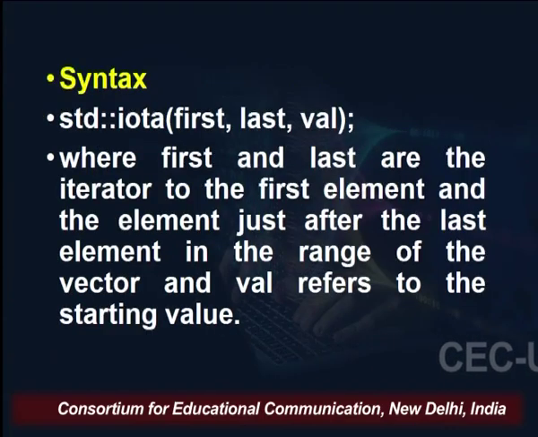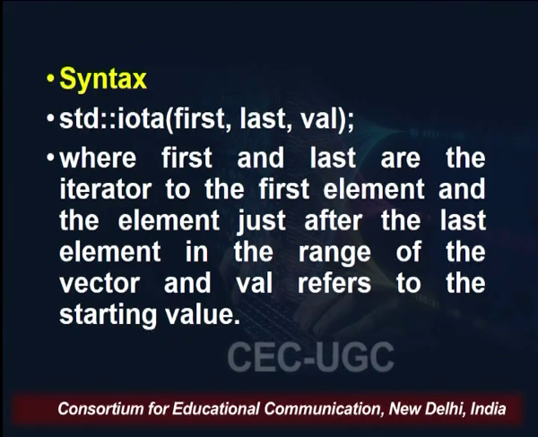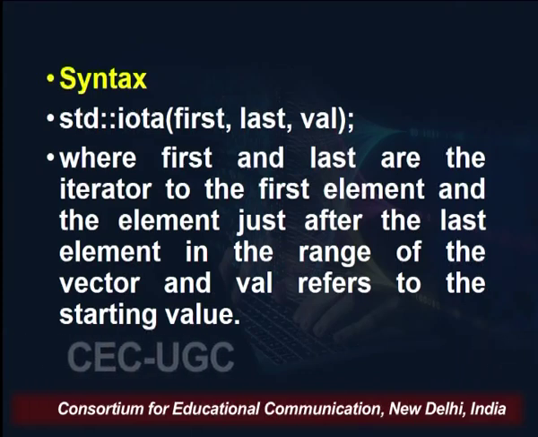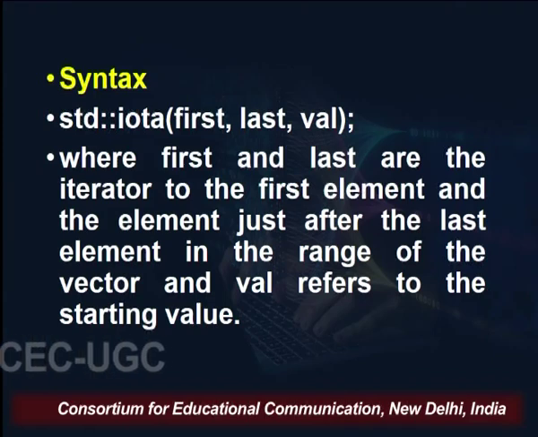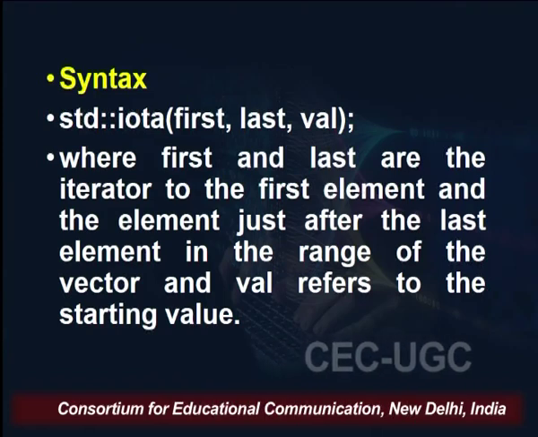So, std::iota(first, last, val), and I am sure you understand the value of first and last by this point. First refers to the iterator of the first element, last refers to the iterator to the element just after the last one, and val refers to the starting value.